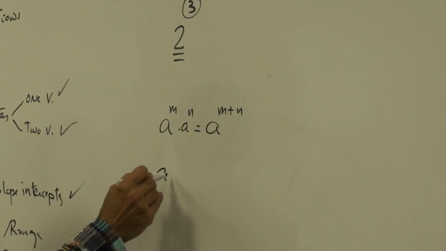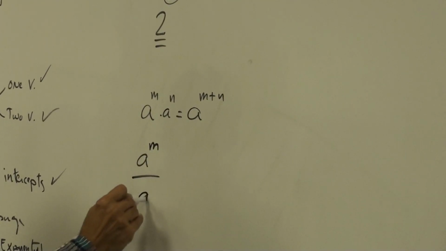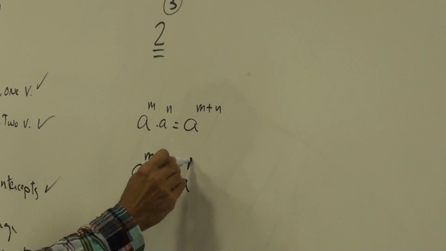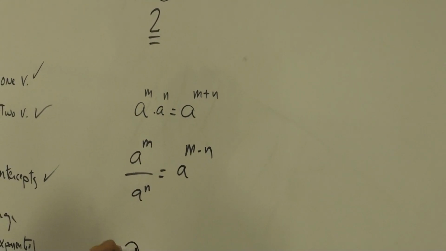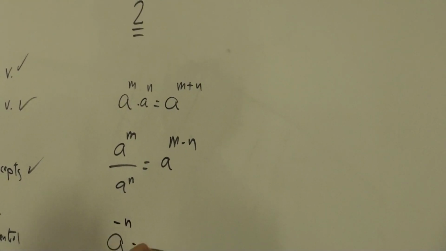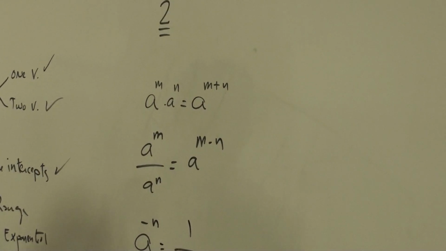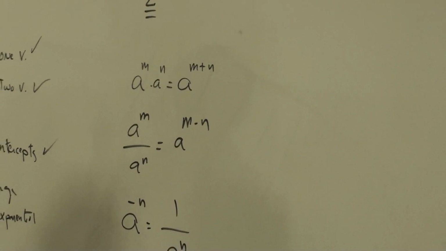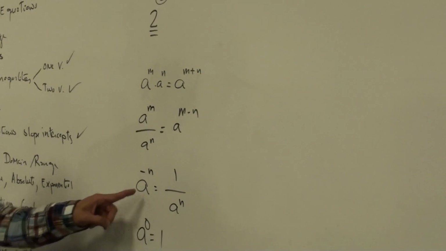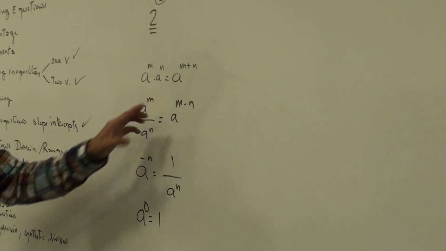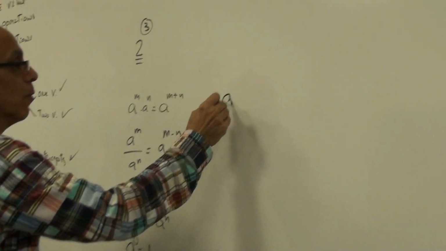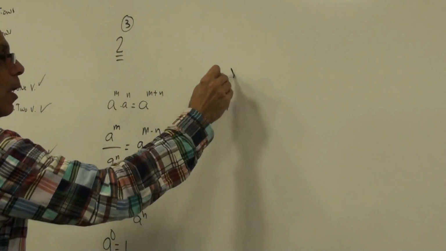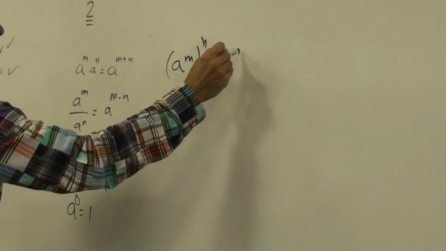If I have a^m divided by a^n, it's going to be subtraction here. It's going to be a negative, it's going to be 1 over a^n. a^0 is always 1. It can be any number, and n or m can be any number. Okay? And I also have another one, (a^m)^n, is going to be the product.